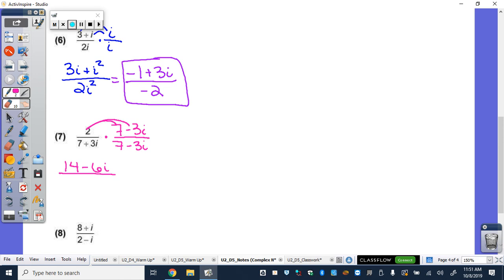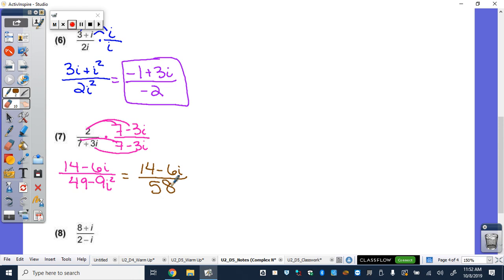So I get 14 minus 6i. In the bottom, multiply my first because it's conjugates. Multiply my last. So it gives me 49 minus 9i squared. But that 9i squared turns into, yep, ends up being plus 9. So I get 14 minus 6i over 58.